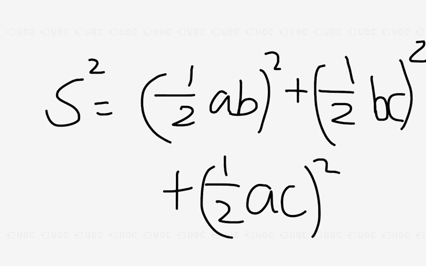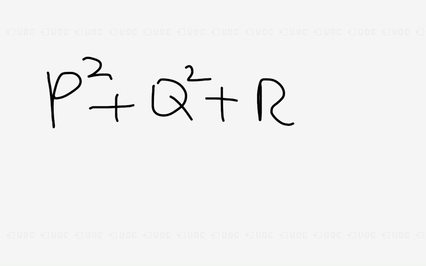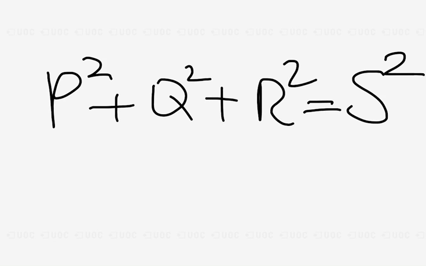And by the way we defined them, this is equal to P, this is equal to Q, this is equal to R, and so we have P squared plus Q squared plus R squared is equal to S squared. And we're done.